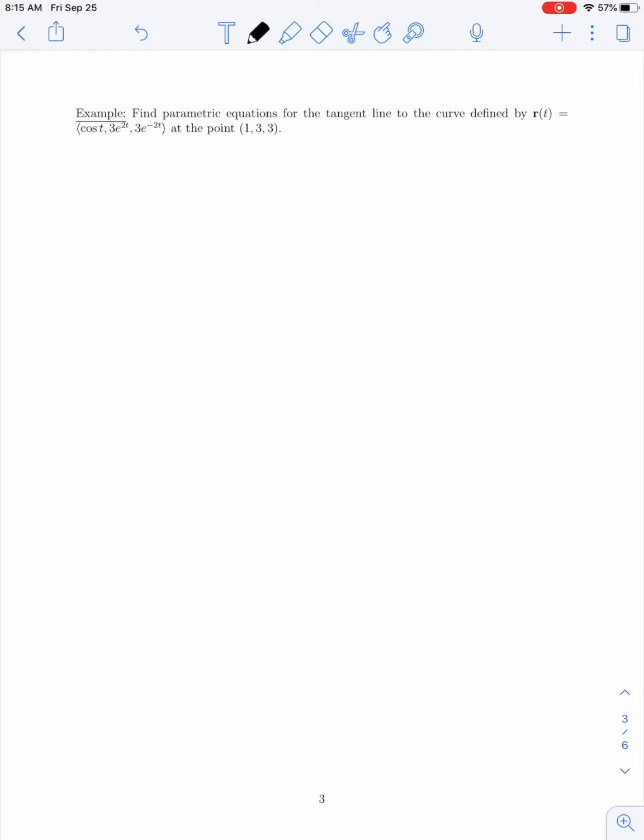So the first thing that I'm going to do is determine what value of the parameter t corresponds to my point of interest, 1, 3, 3. So here, in order to determine what value of t corresponds to that point, I'm going to look for the value of t such that when I evaluate this vector function, whose components are given, at that value of t would yield 1, 3, 3.